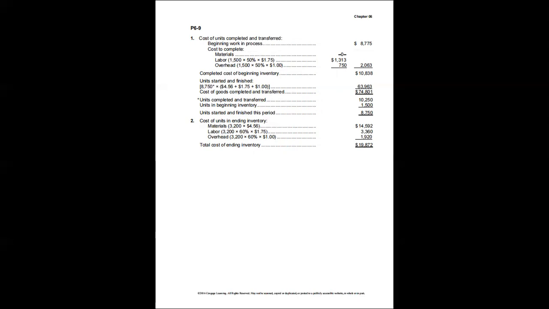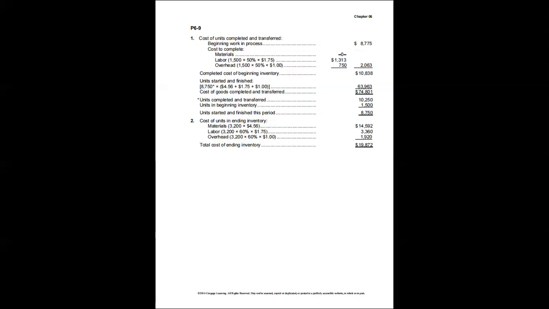That's why you have no more materials applied during the period because all the materials were applied in the previous period. So you only apply the labor and overhead. The work done is 50%, and you multiply this by the corresponding cost per unit for the month. So we have now labor and factory overhead. So completed cost of the beginning inventory of 10,838 for the beginning inventory.